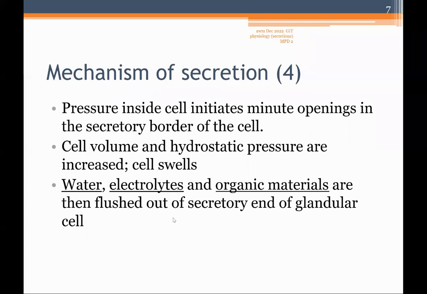The cell will enlarge as it swells, and eventually the water, electrolytes, and the organic materials will be flushed out of the secretory end of the glandular cell. So what I've done in those four is to basically summarize secretion, and I would advise you to go and look up your basic cell physiology, which you did last year. Even if you passed your year, it's okay, so that you can understand this process better.